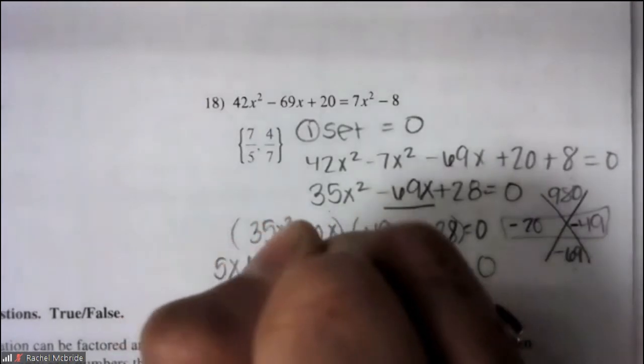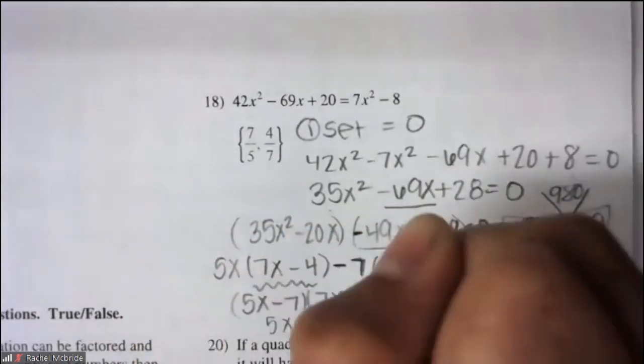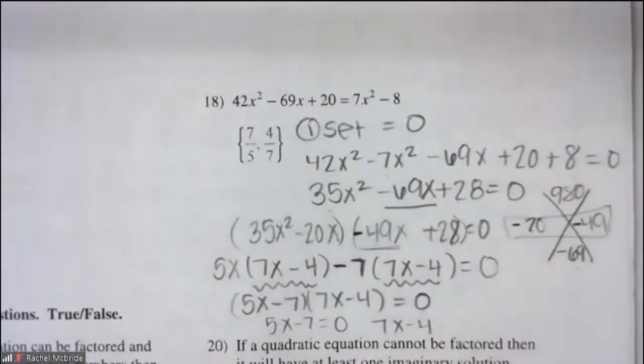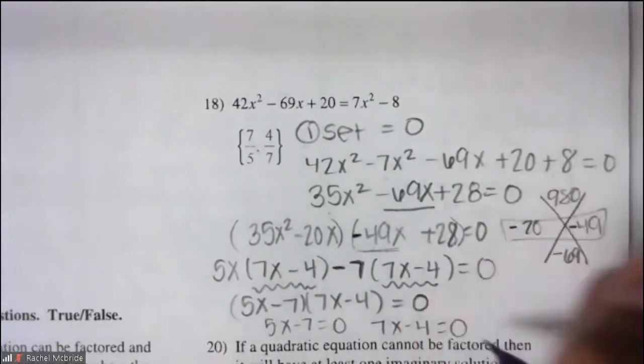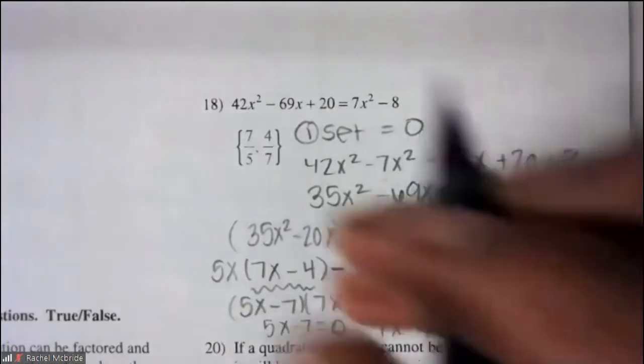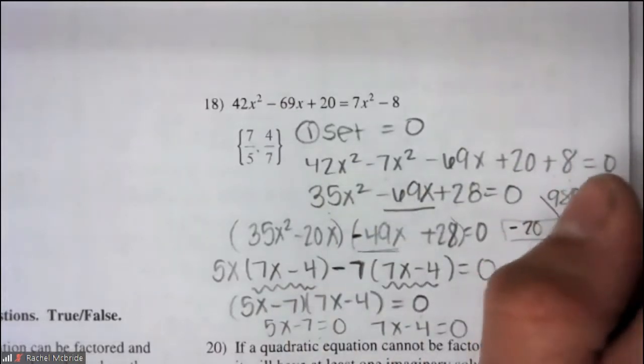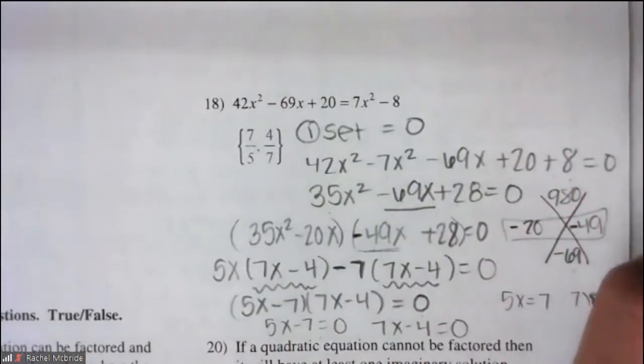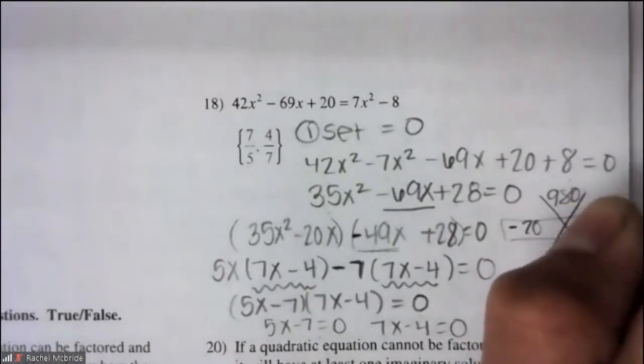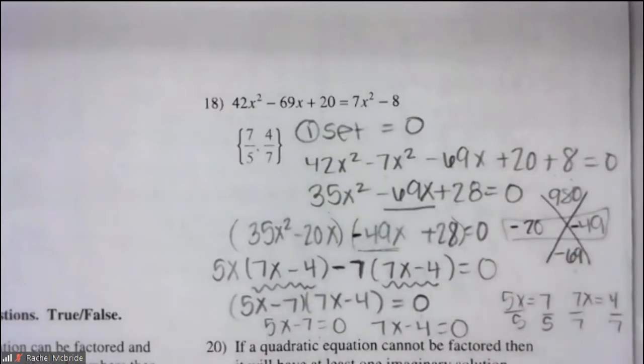Then you get 5x minus 7 equals 0 and 7x minus 4 equals 0, and you solve for x by adding 7 and adding 4. So it's 5x equals 7 and 7x equals 4, and then you divide both sides to get 7/5 and 4/7.